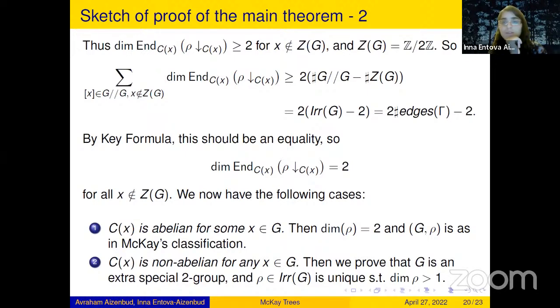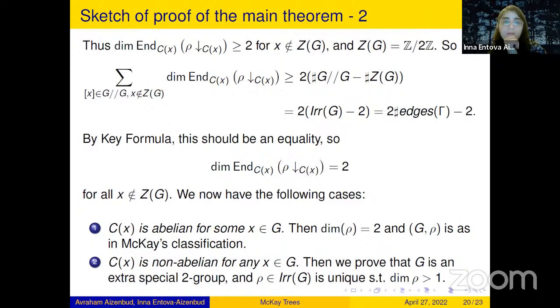And if we consider the sum of such dimensions, when we run over all the X's which are representatives of conjugacy classes and not central, we will actually get at least 2 times the number of irreducible representations minus 2.